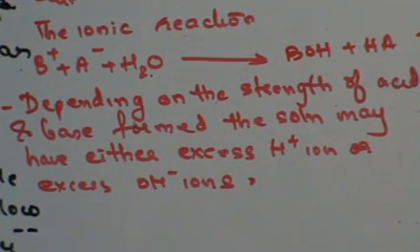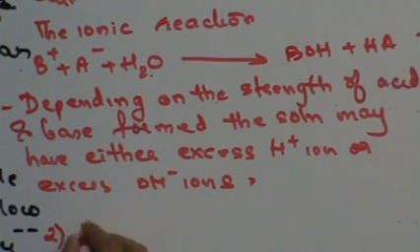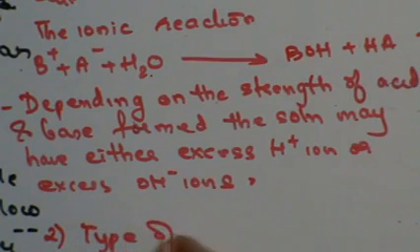Right, do we get this? Now depending upon what kind of salt you are using, you will get either an acidic solution or a basic solution. Let's see what are the different types of salt that you can have.